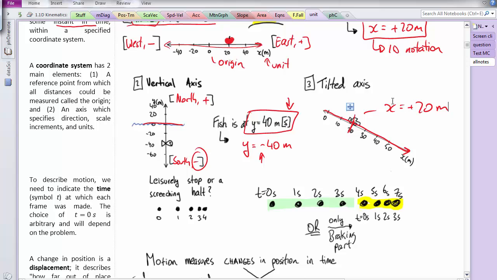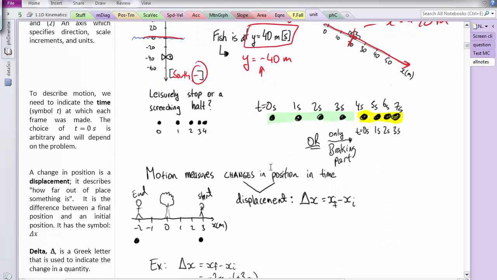Okay, so moving on to time and why in our motion diagram we need to specify time. Here's why. If we just have the frame numbers, we wouldn't know if this car is slowing down gradually or coming to a screeching halt.